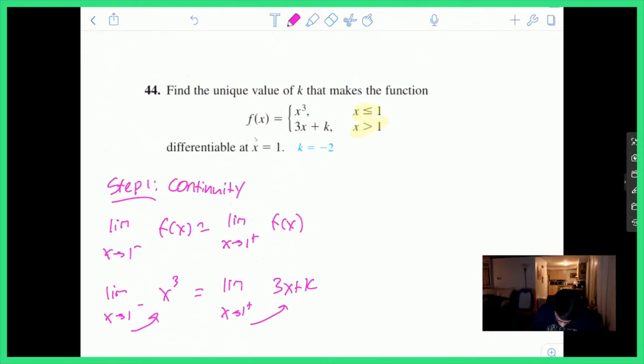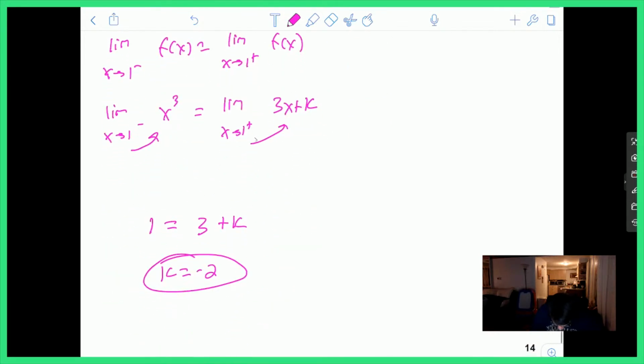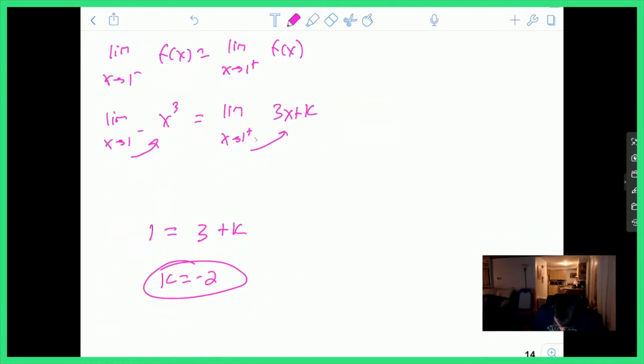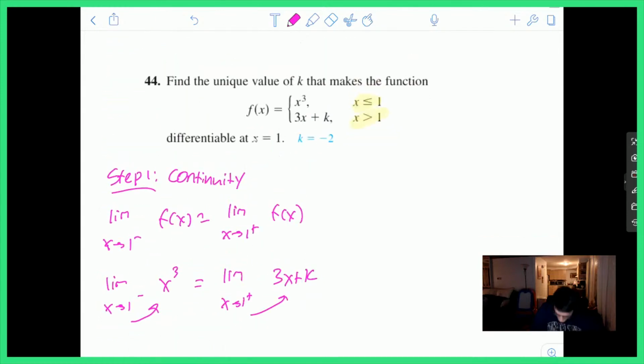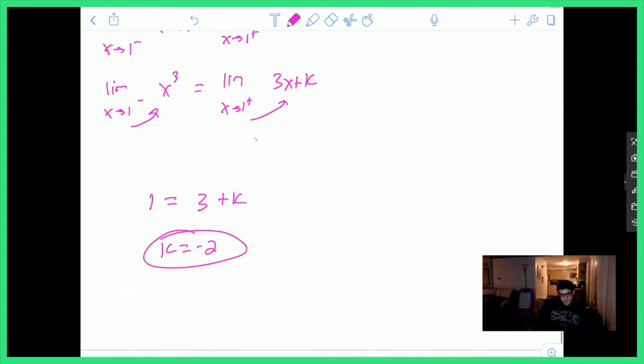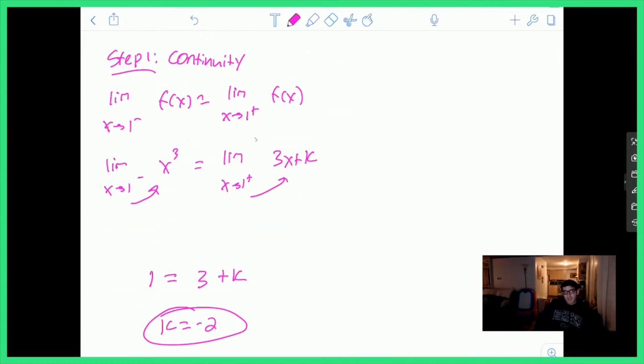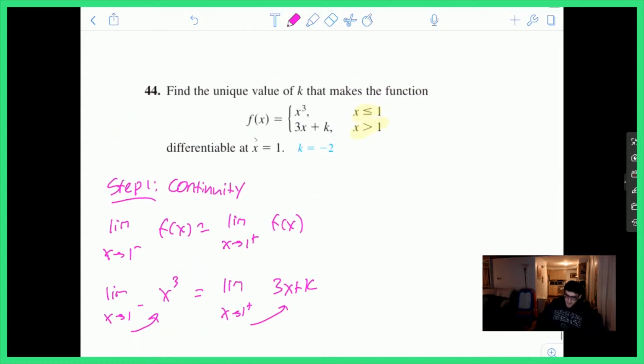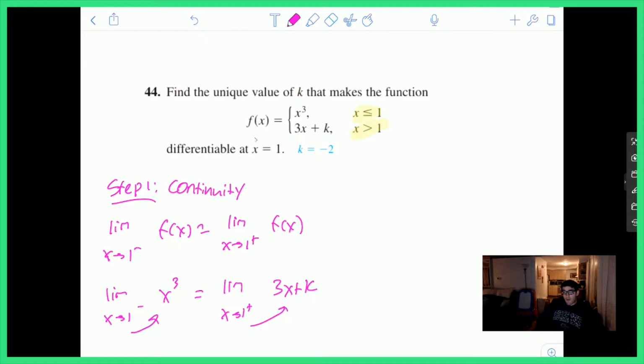So that's it. I guess I don't have to do anything else because I don't have to consider a derivative, because if k is anything other than negative 2, this thing's not continuous. All right, well, that was too easy. But maybe we could just take the derivative for fun and verify it, because I guess maybe we couldn't assume that right now.